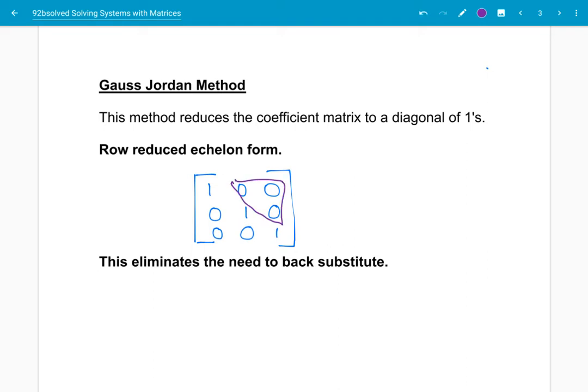So there's more matrix steps required to achieve this. The trade-off is that you don't have to do substitution. You can read the answer off from what you have in your matrix at that point. So pause the video, copy that down, and then we'll go on to example 2.